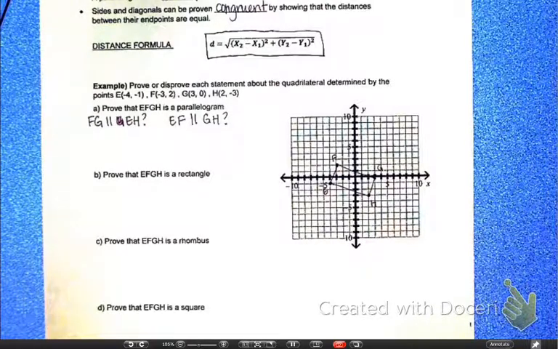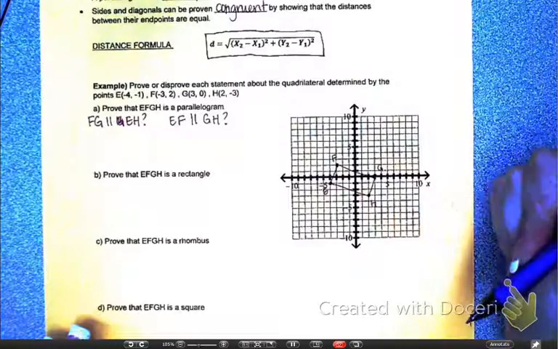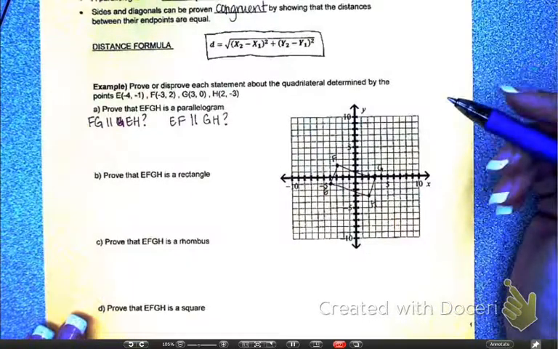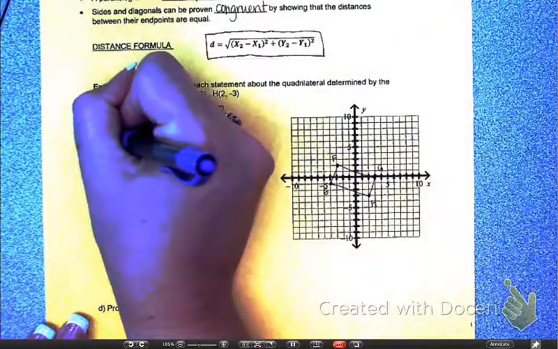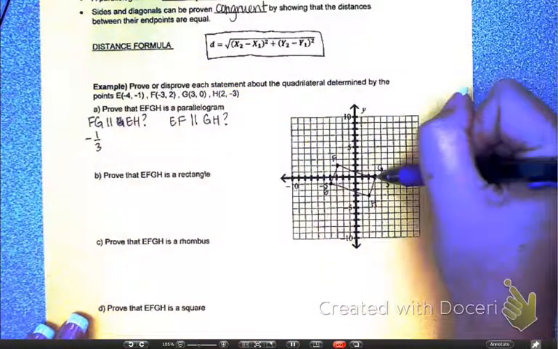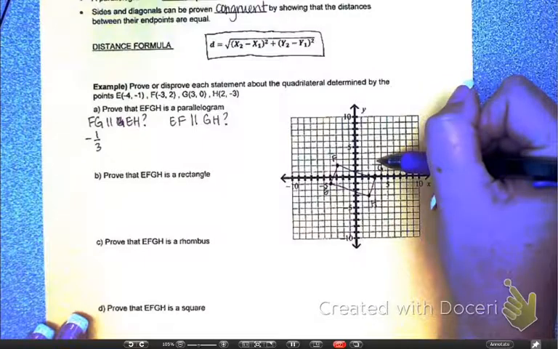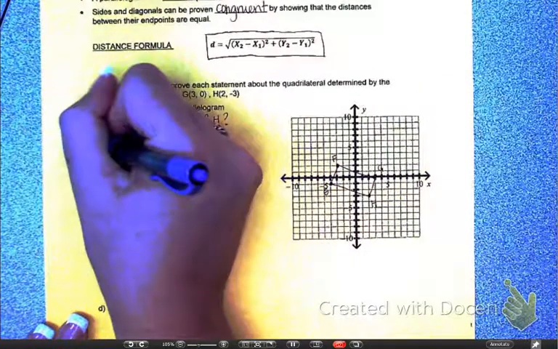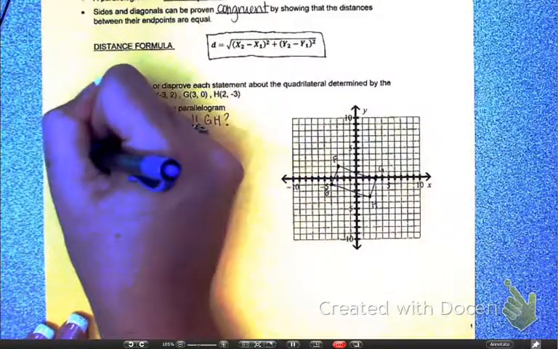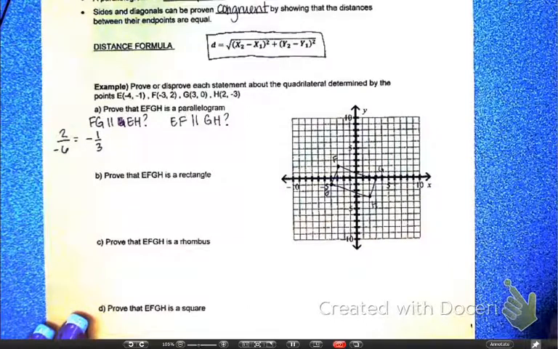So now let's take a second, everyone take a second, and find the slope of each of those sides. So you can use the slope formula, or you can count rise over run. Can someone tell me what the slope of FG is? Negative 1 over 3. So if you were to count, you went up 2, backwards 6, right? Which then reduces to negative 1 over 3.